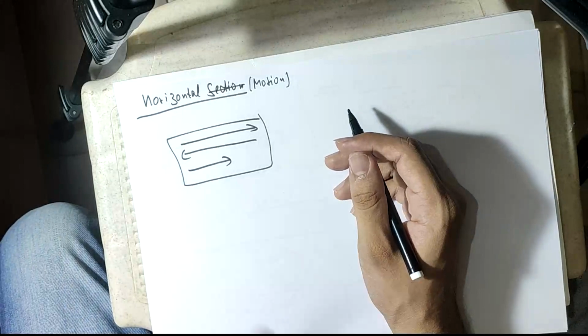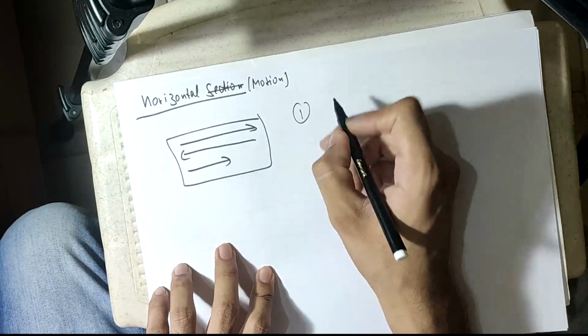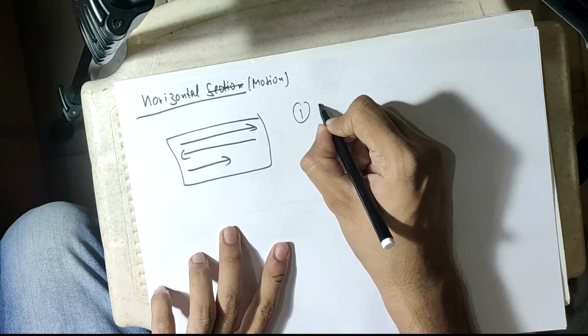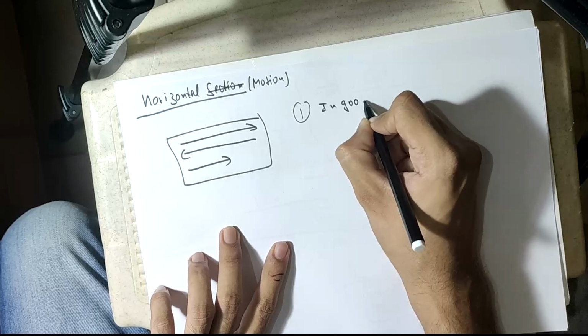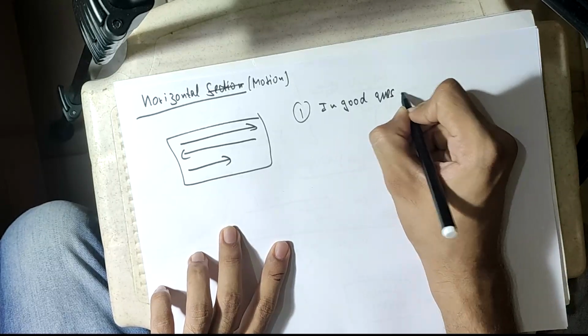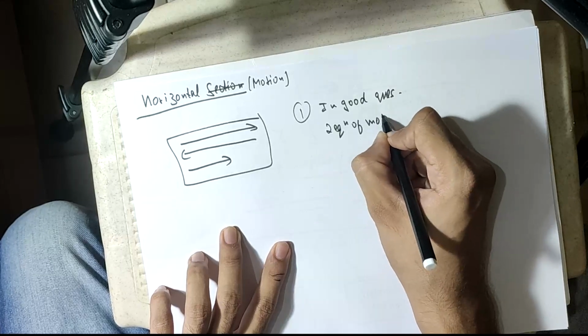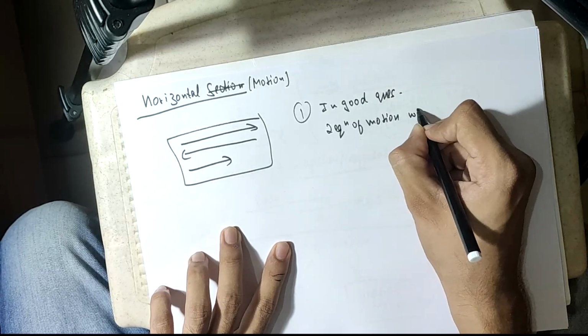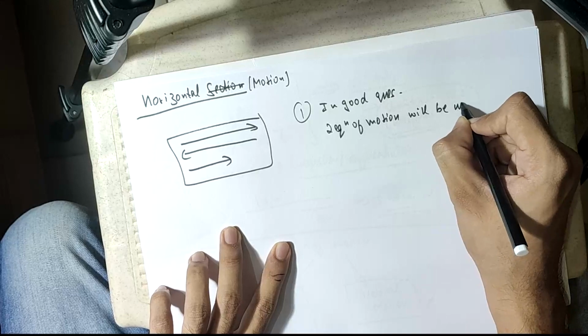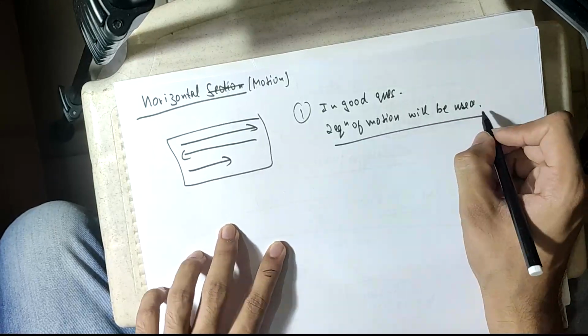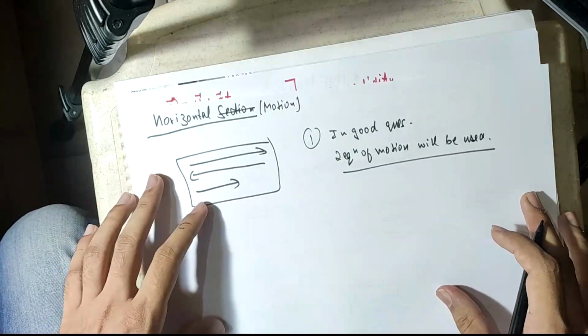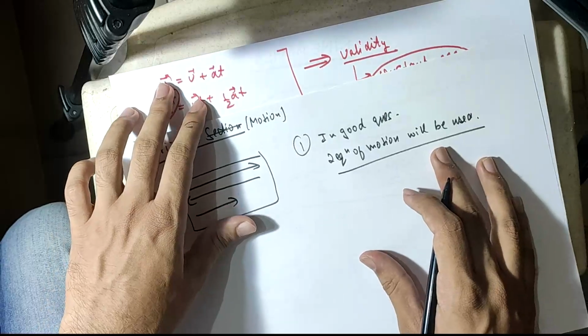What you have to remember in this, first, are the three equations of motion. In good questions, two equations of motion will be used. People generally think that only one equation of motion will be used and they will solve their answer, but it is not true.